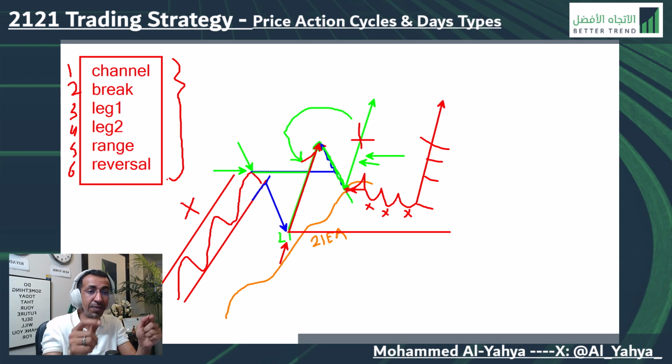You're going to see them in the chart. And if you don't, that means it's either an extended price action or a failed price action. So let's focus on the ideal one. Channel, break, leg 1, leg 2, range, reversal. That's the ideal price action. And then we will go to the extended and the failed one.